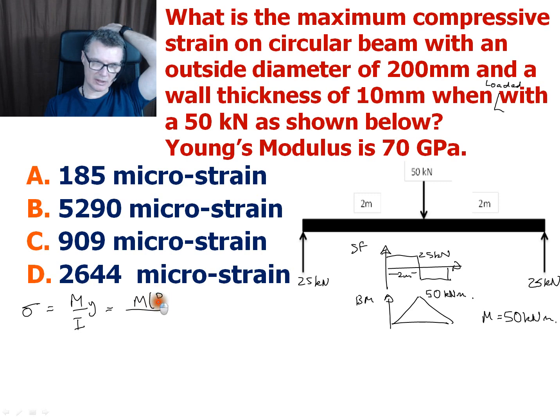So let's put that in: D over 2 will be what the Y is. That'll be the outer distance away from the neutral axis.